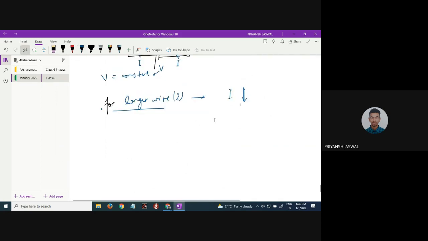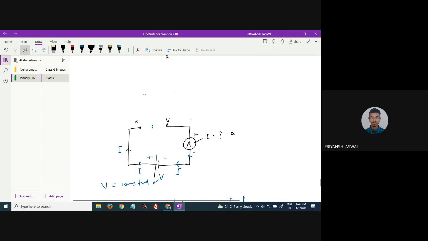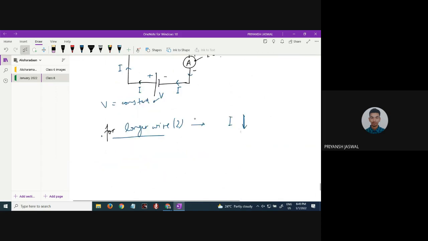If we put the first wire in this circuit, then we measure some current value, say I1 for the first, I2 for the second, and I3 for the third. Then for the longer wire, that is the second wire, I2 comes out to be less as compared to I1, which had less length. That is, its length was shorter as compared to the second wire.